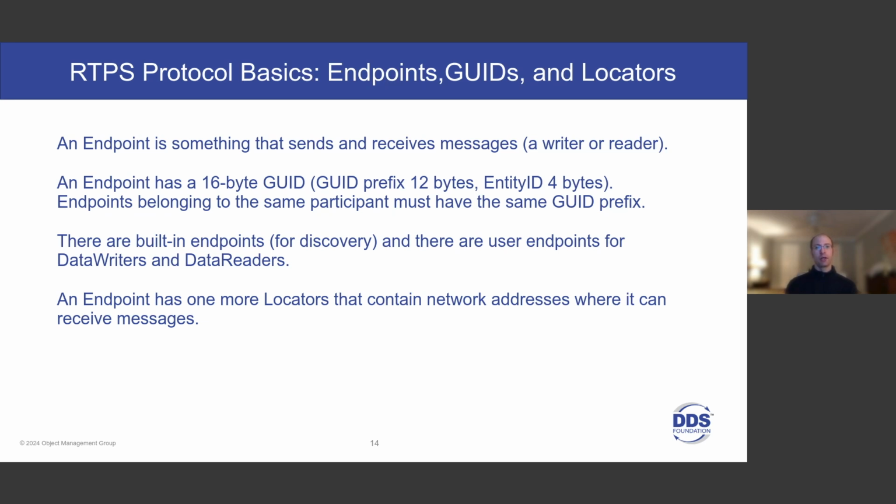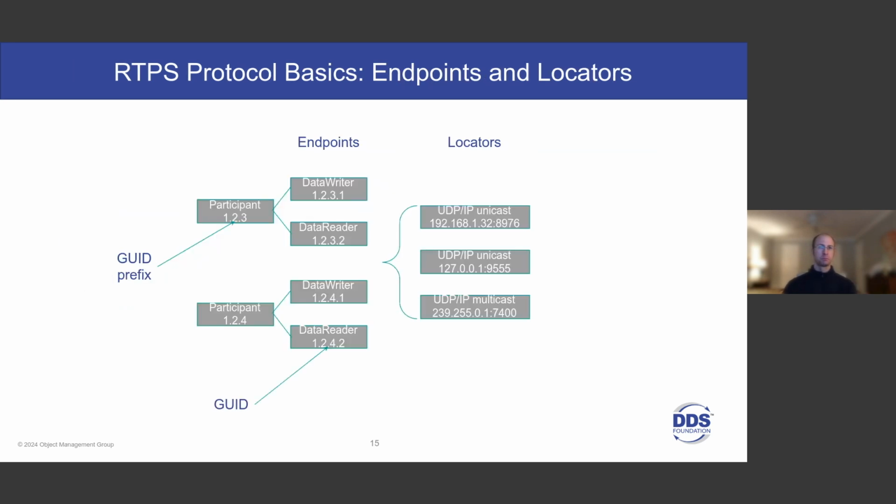An endpoint has one or more locators that contain network addresses where it can receive messages. So the main goal of discovery is to communicate not only what data readers and data writers exist, but also where you can send messages to them so that they'll receive that message. And we'll talk briefly about discovery toward the end.